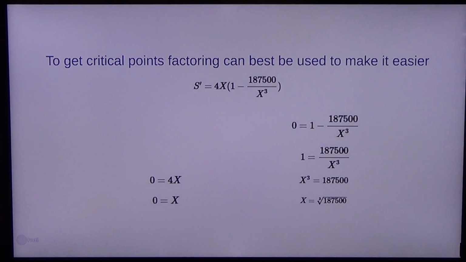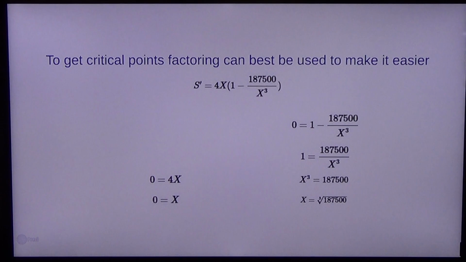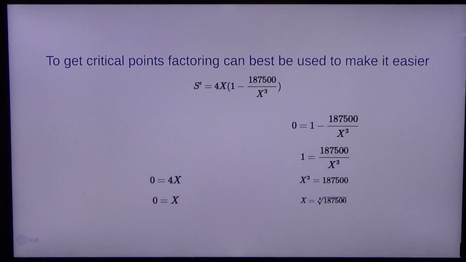And we're going to go to the next step. We're going to set those equal to 0. Since they're multiplied by each other, we can split that up easily. And we get one part of it that x equals 0, and the other part of it that x equals the cubed root of 187,500. Big complicated number, so we're just going to leave it at that for this step here.